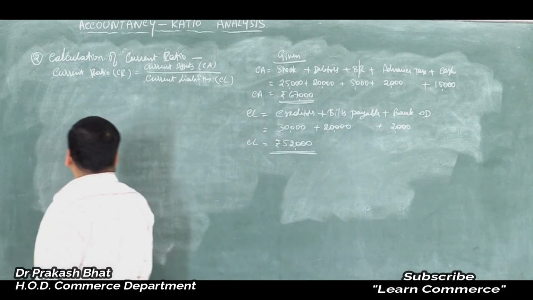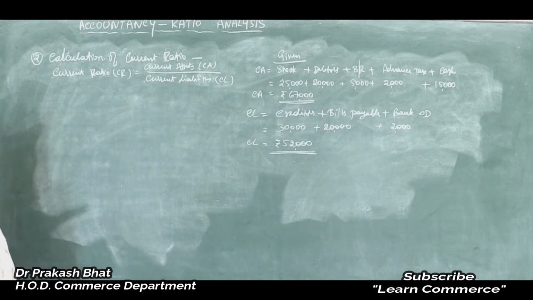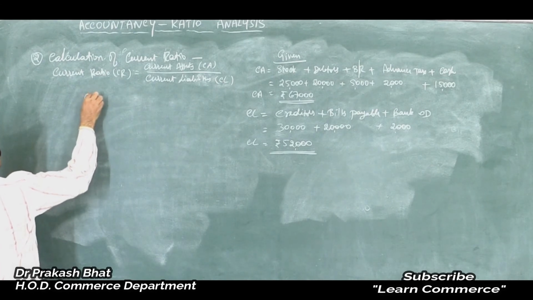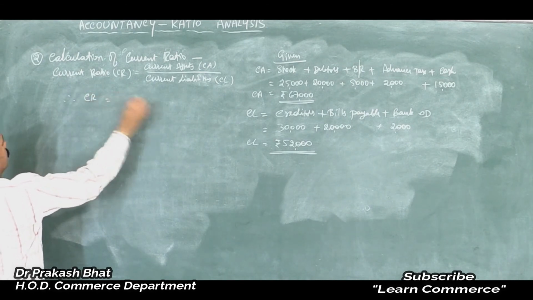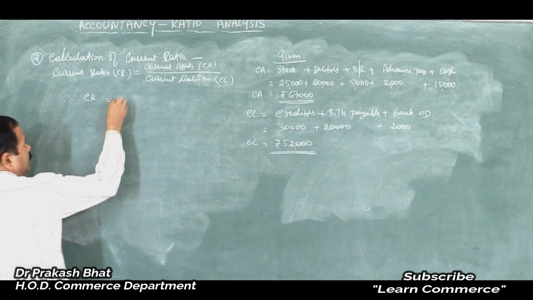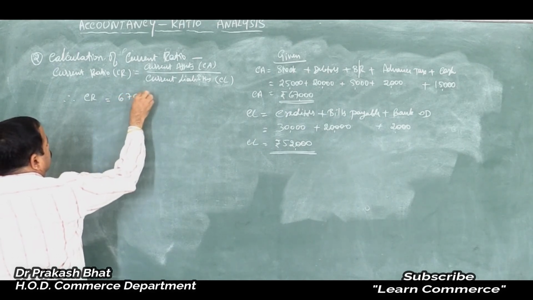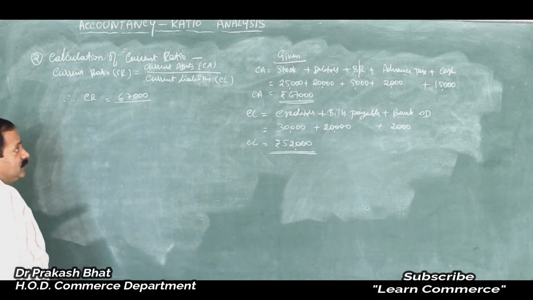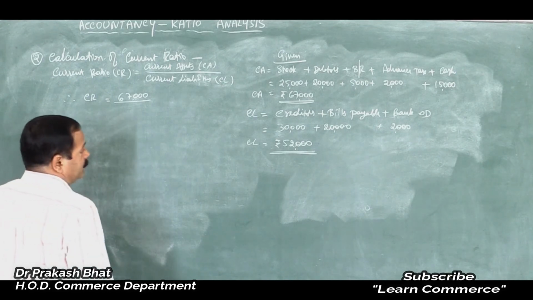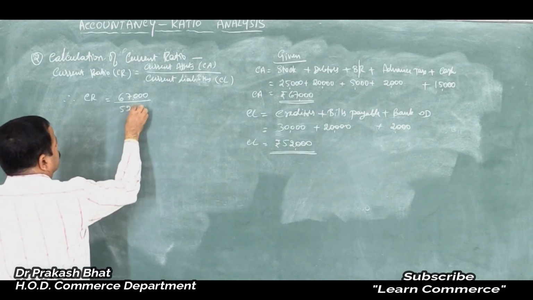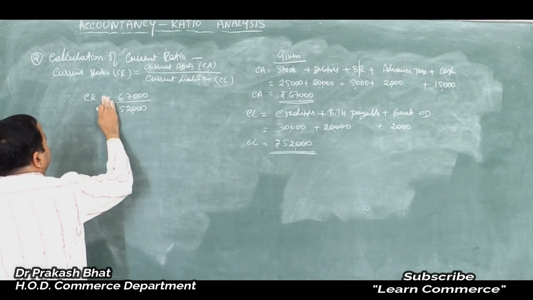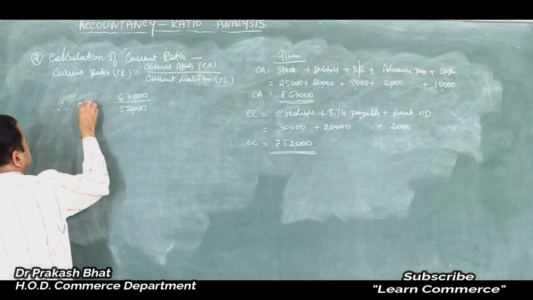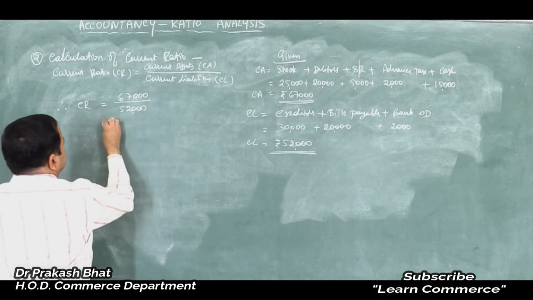Now you have the information ready. Write the substitution in the formula. Therefore, CR is equal to current assets, we have already calculated 67,000, divided by current liabilities 52,000.